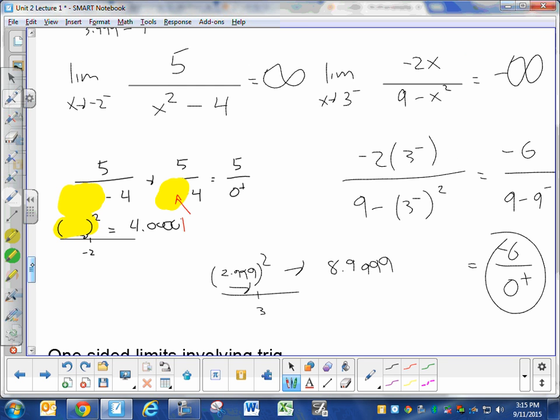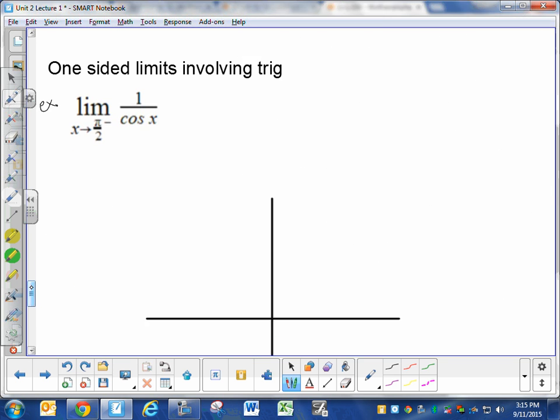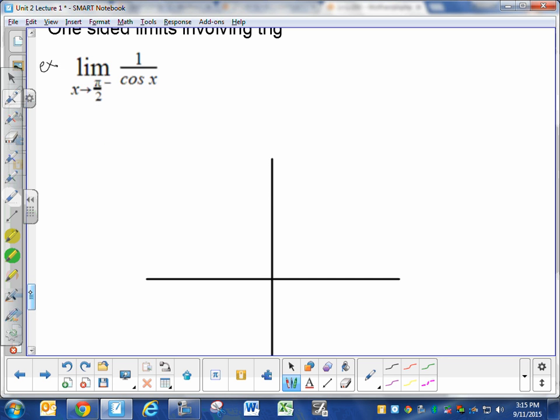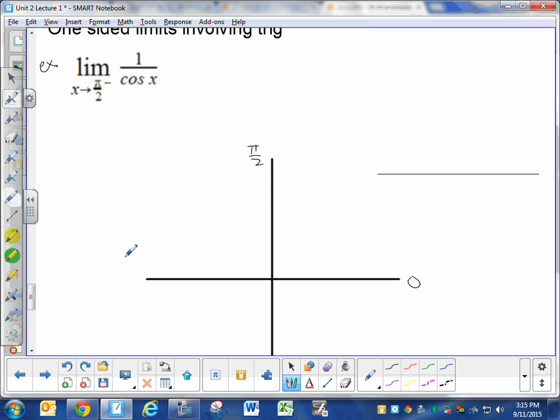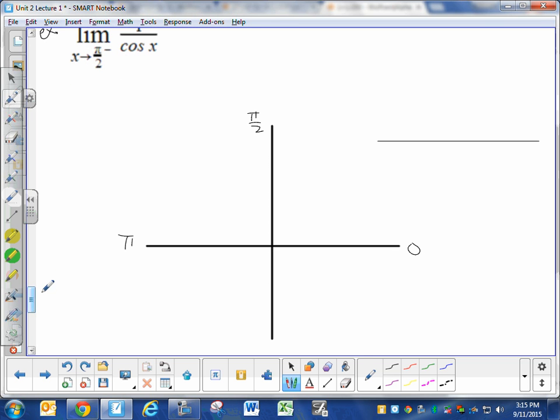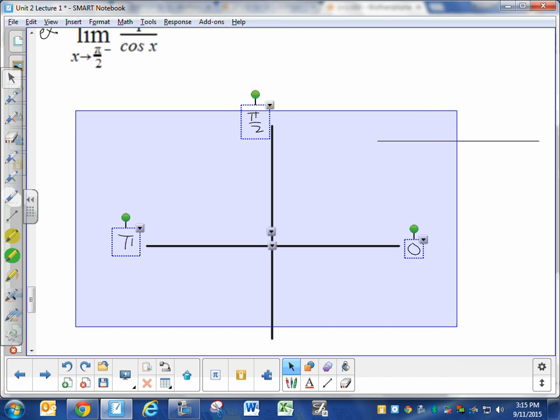Okay? Moving on. Let's do that, but with trig functions. You will need not just your entire unit circle, but just kind of your y-axis, your x-axis, your extremes, and you're going to need a number line. On your unit circle, just label your extremes.